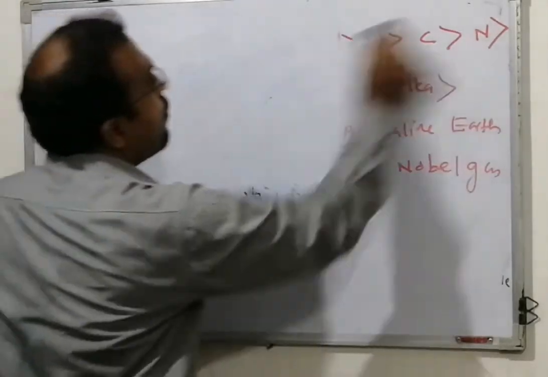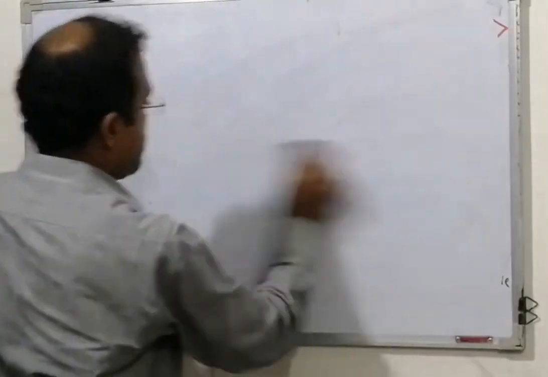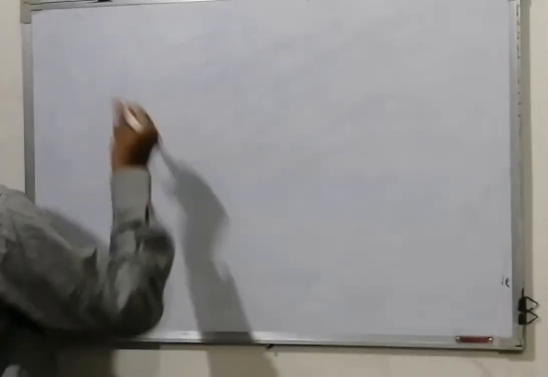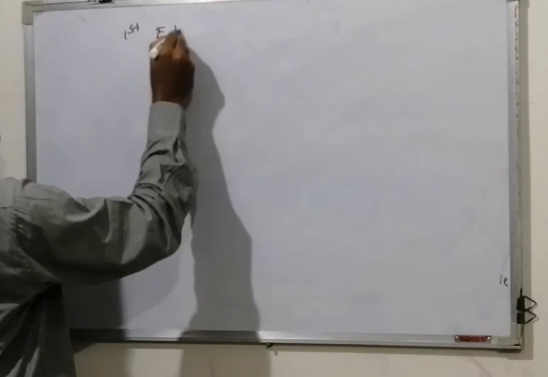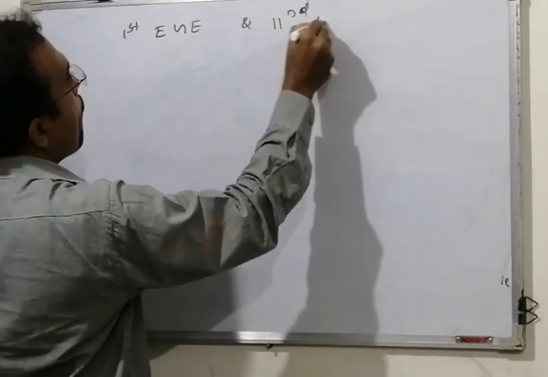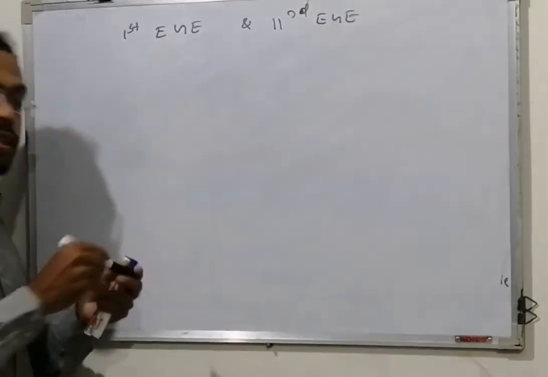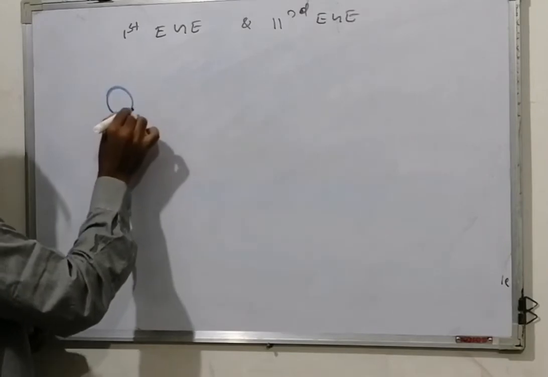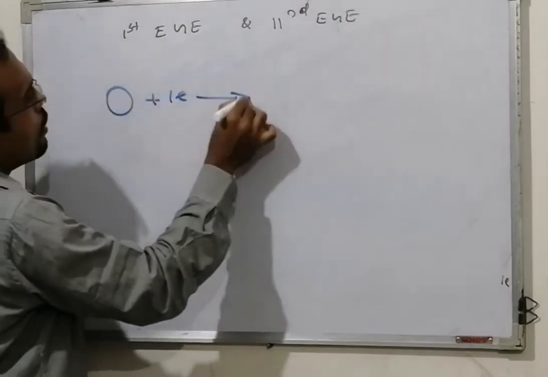Fine. Now, last point. Please note down. There is an idea of first electron gain enthalpy and second electron gain enthalpy. I will tell you an example. Take oxygen. An oxygen takes one electron, you get O minus.